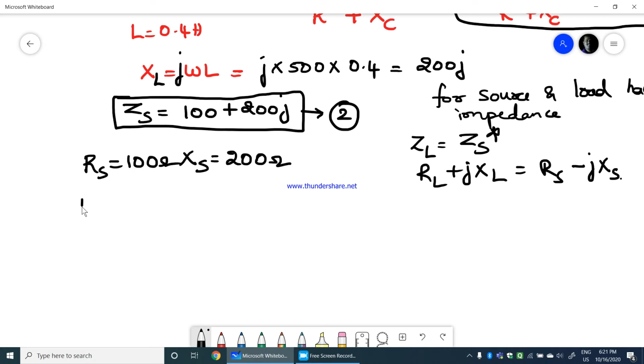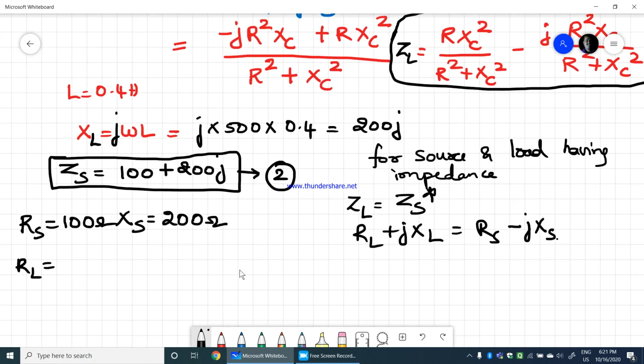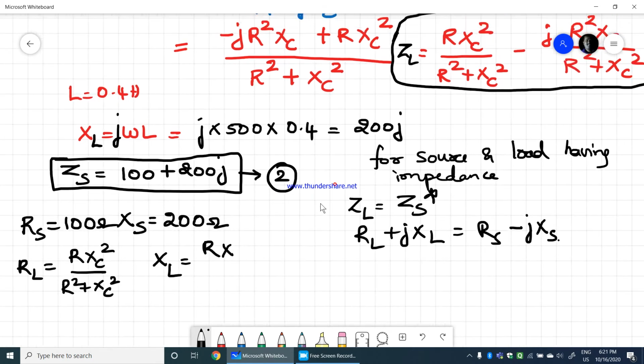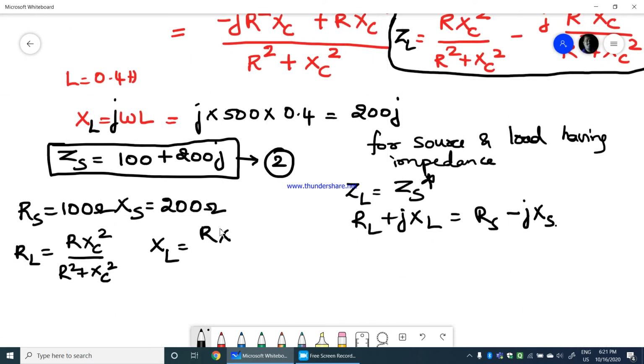Then RL is given as RXC square by R square plus XC square, whereas XL is given as R square XC by R square plus XC square.